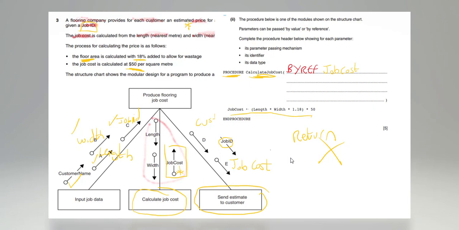So we are including the job cost in here, even though it's not being passed in this direction. We're including it so that we can update it in the main code. So by reference, job cost, and the data type, let's go with integer. We can use real as well.